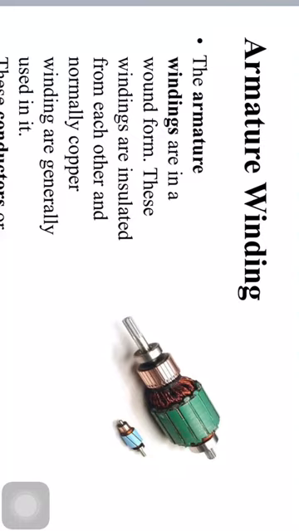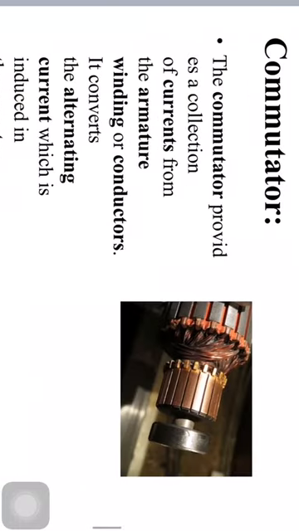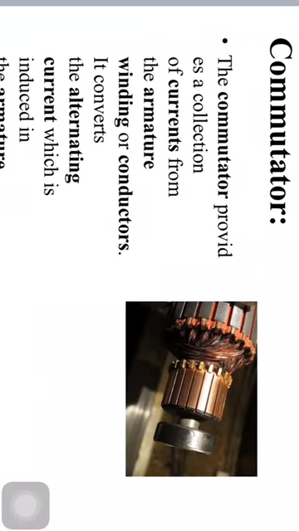Next, coming to commutator. The purpose of the commutator is to collect current from the armature winding or conductors.